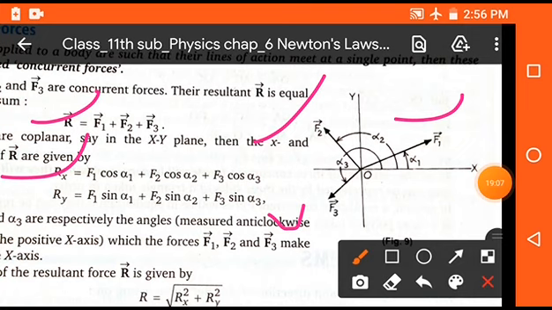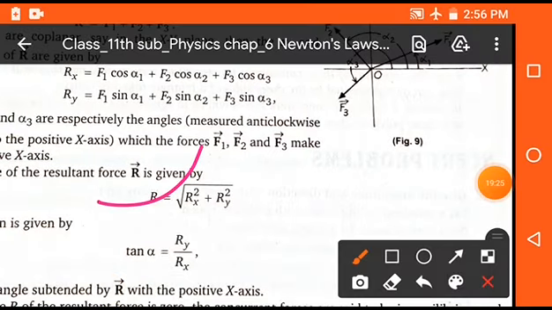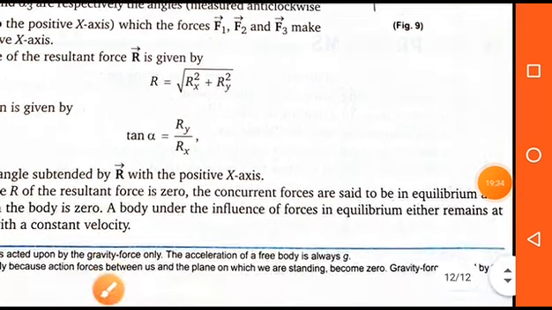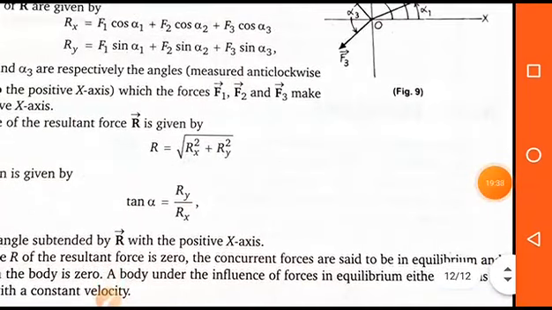In the same way, Ry is equal to F1 sin alpha 1 plus F2 sin alpha 2 plus F3 sin alpha 3. Now, the magnitude of the resultant will be R equal to the square root of Rx squared plus Ry squared, and tan alpha is equal to Ry upon Rx. So we can calculate that angle and the resultant of all the forces working on a single point, that means they are concurrent.